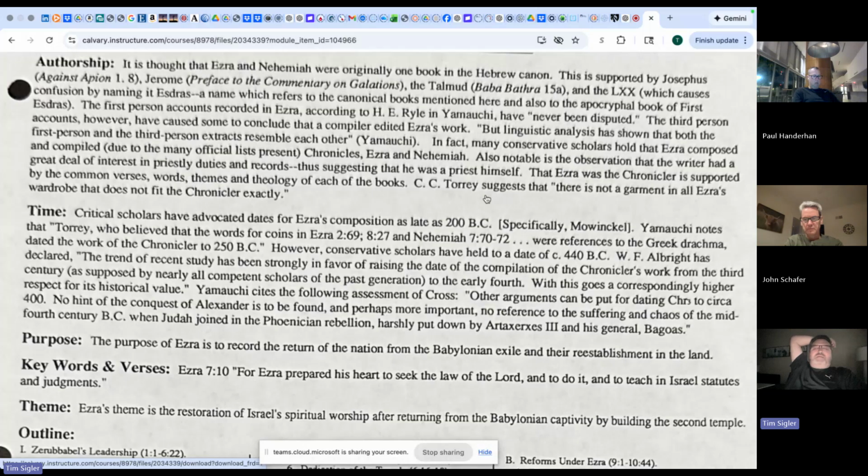And the fact that he is identified in the scriptural text as a scribe lets us know that he had real writing abilities. And it's not just believable, it's understandable that he very well would have composed the book that bears his name, as well as the Chronicles, these books of history, and the book of Nehemiah.